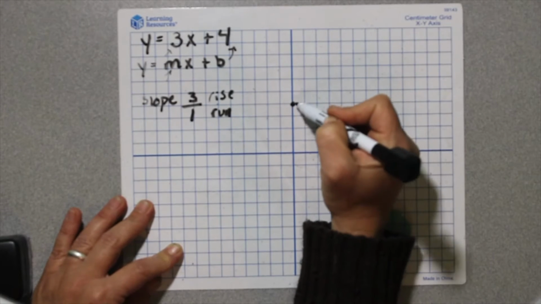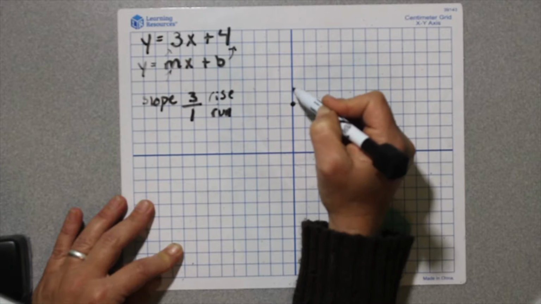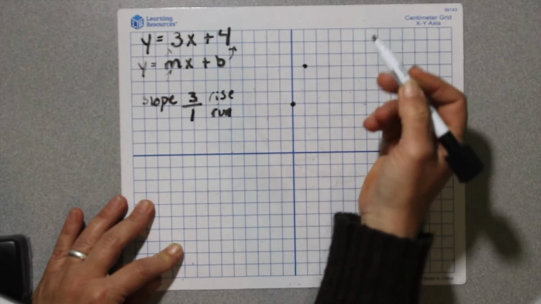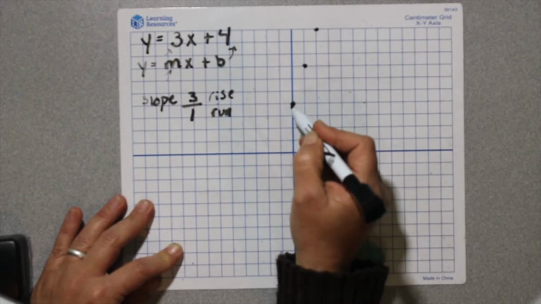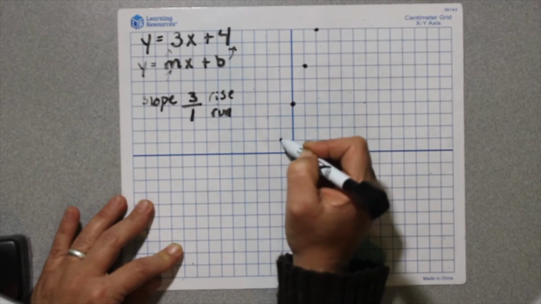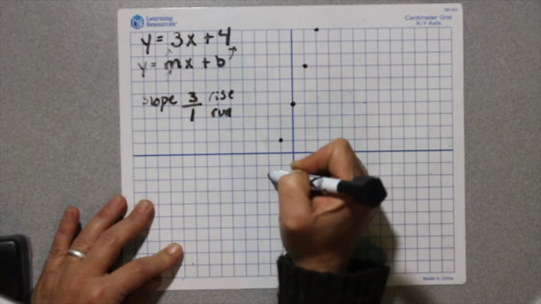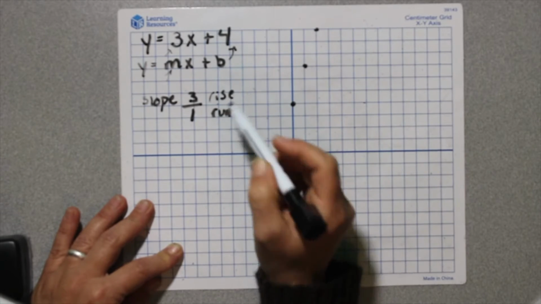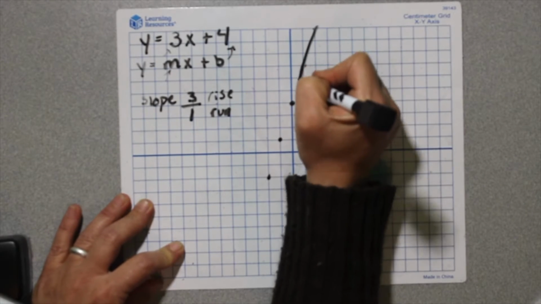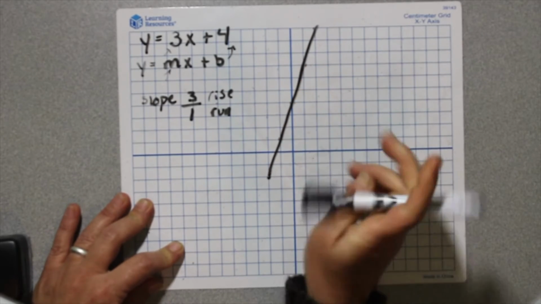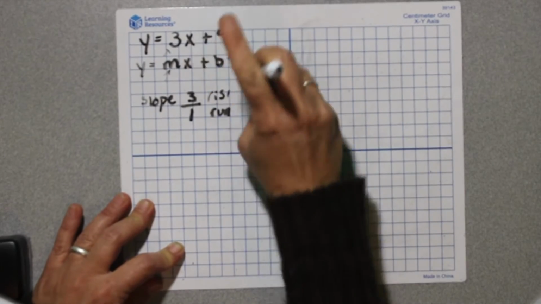That means we got to go up 3 over 1. 1, 2, 3 over 1 and make a dot. Go up 3 over 1 and make a dot. We can also go back 1, down 3, back 1, down 3. And this is a positive slope. It's positive 3, so that means we're going uphill. And there's the line. Alright, I'll do another example.